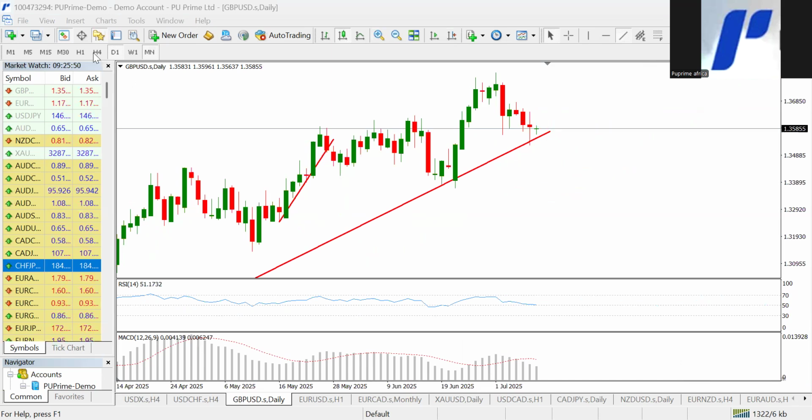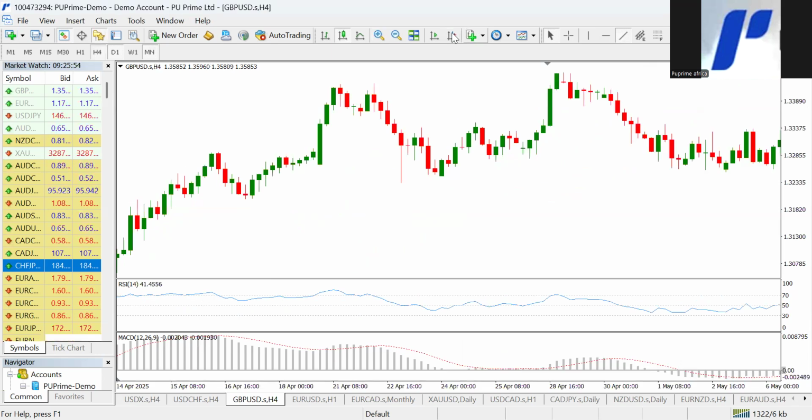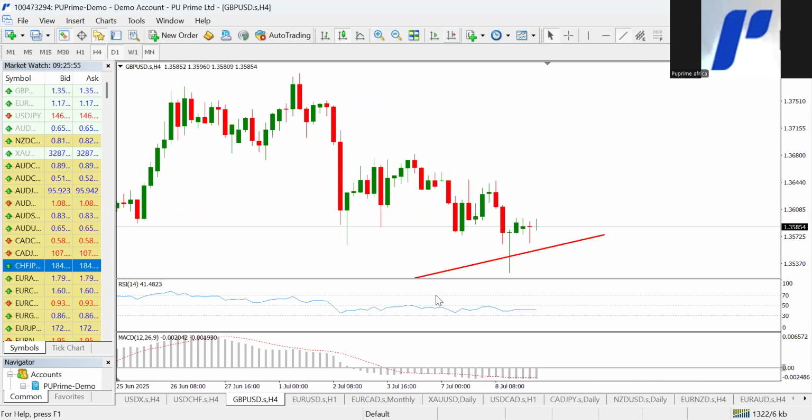So we zoom it down to 4 hour, and you can see that we still have that sharp rejection candle here. Technically, we're holding a bullish outlook on the GBP USD today, and we'll check it down to the 1 hour time frame.